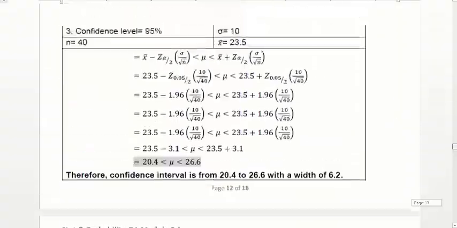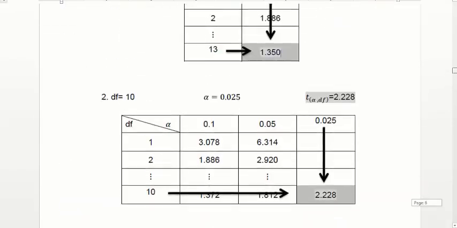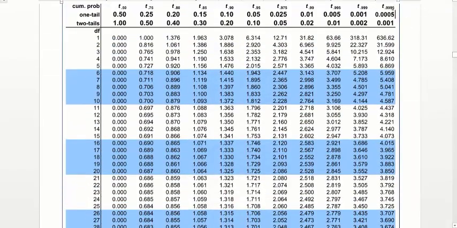But on page 5, it is a very good table. But if you use a different kind of table, notice for example the 90th percentile. If the values on top, these t columns like 0.50, 0.75, are not there, when they say 90th percentile, just subtract it from 1. So, 1 minus 0.90 is 0.10, right? As you can see, look at the one tail, there, 0.10. Notice that if you add this one tail and the cumulative probability on top, it will equal 100 percent or 1, I should say.